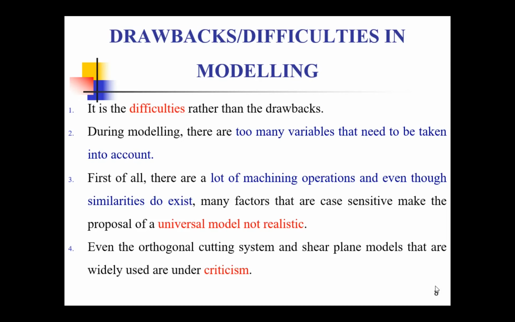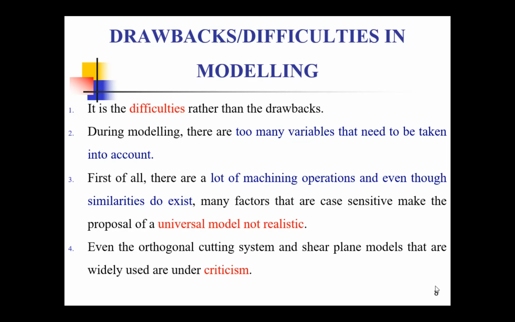In the turning process, or any machining process, we generally come across the orthogonal cutting system. There are two types of systems: one is oblique and the other is orthogonal. We will be adopting only the orthogonal cutting system, and we will have these shear plane models. We will consider only the shear plane model, that is the plane at which the shearing action takes place, so that the material will be removed as chip.